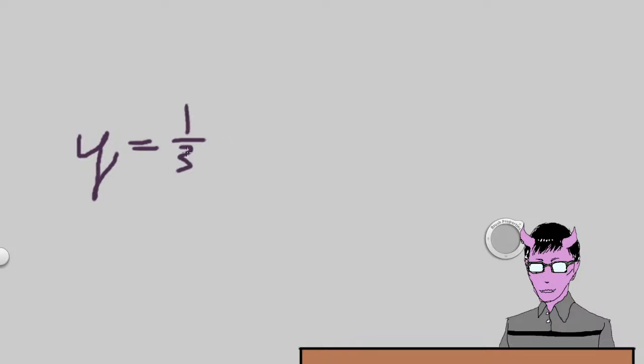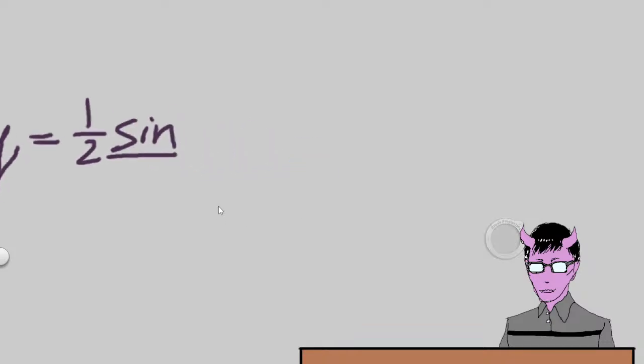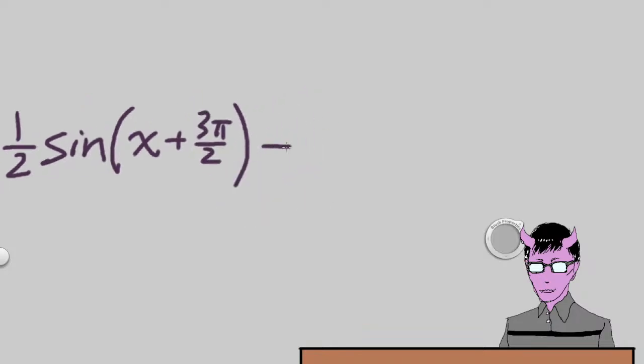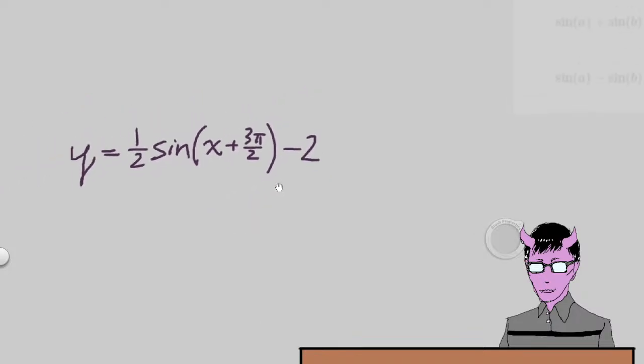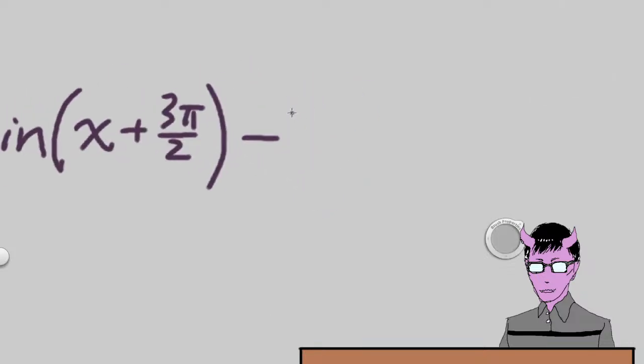No, let's not do 1/3. Let's do 1/2. This is going to be a sine function. We're going to have a standard x, and then plus 3 pi over 2. And then we'll have a shift downwards of 2 spaces. You know, let's do 4 spaces.